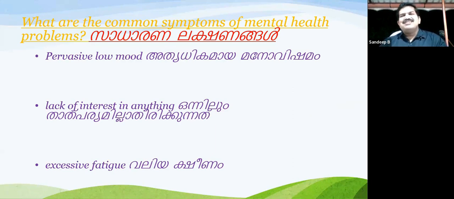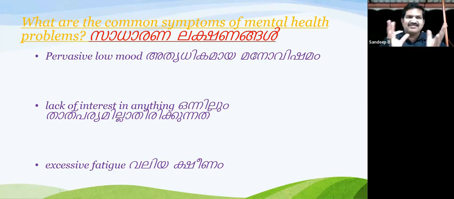So, what are the common symptoms of mental health problems? These three symptoms, which are there in the current slide, are actually the triad of depressive symptoms, the three cardinal symptoms of depression. So, if you get a short note on depression or even an essay question on depression, of course, depression can present as a symptom, and there is a syndrome of depression.